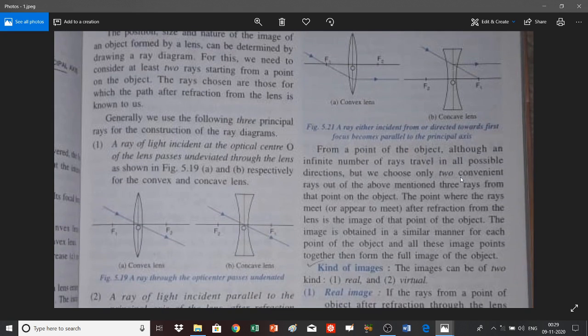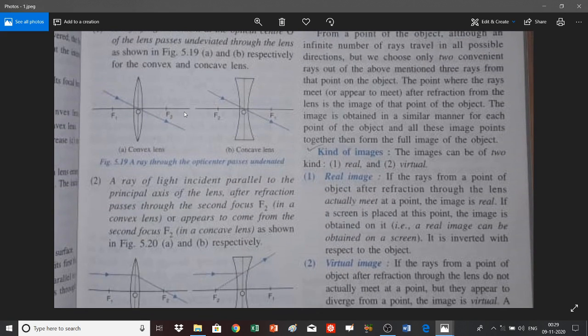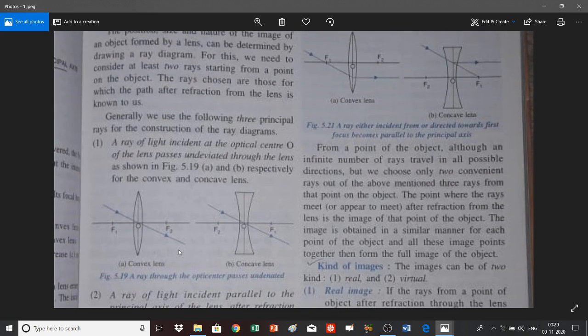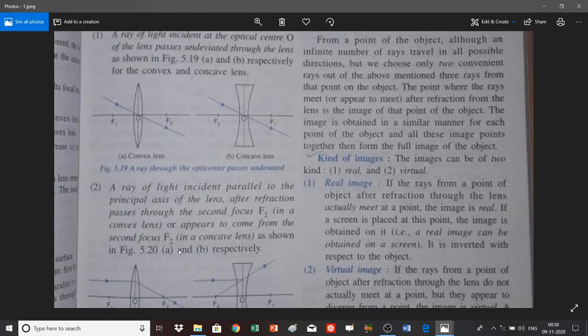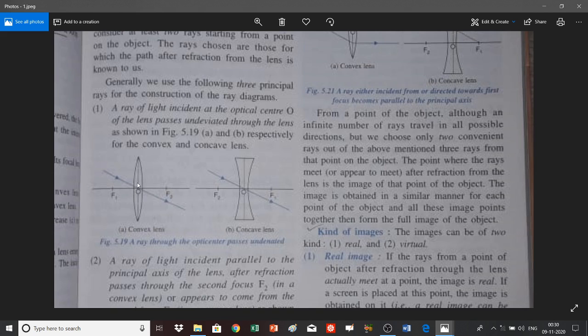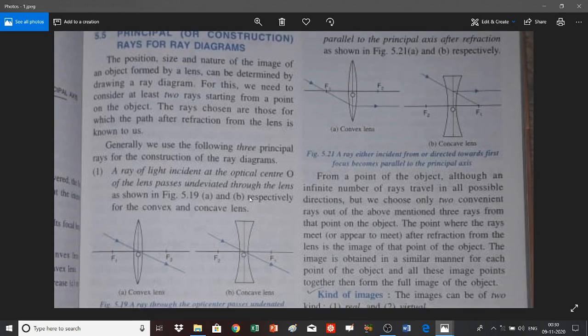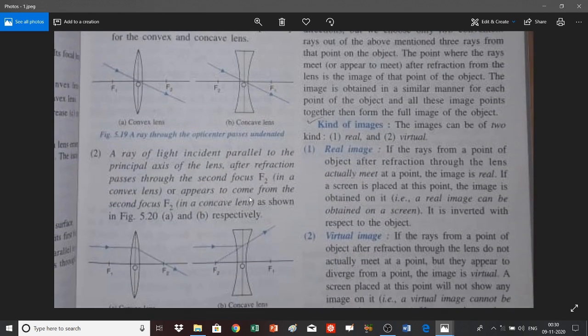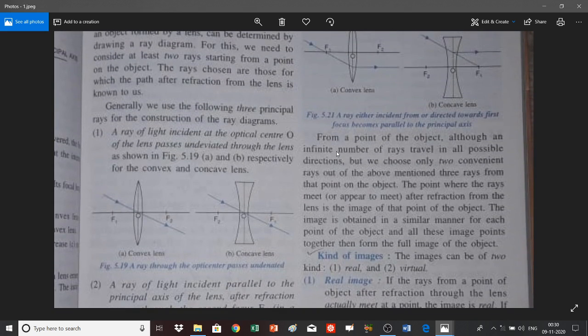Out of these three cases, you only have to consider the first two cases to understand the nature of the image formed by a convex lens or a concave lens. As discussed here, from a point of the object, although an infinite number of rays travel in all possible directions, we choose only two convenient rays out of the above mentioned three rays.